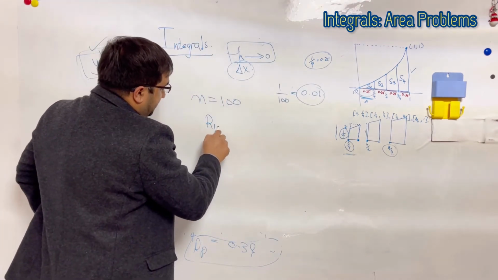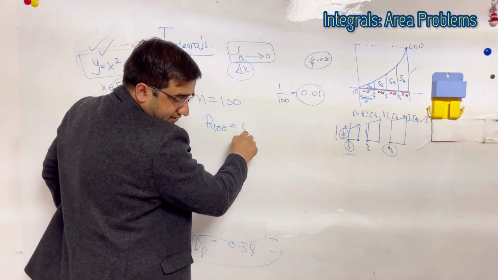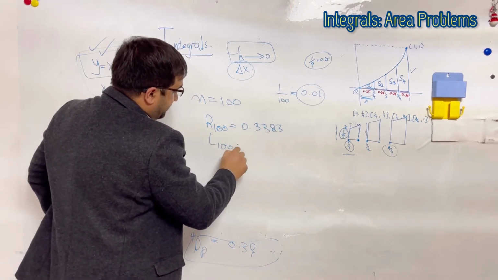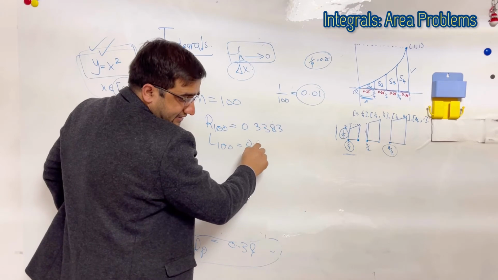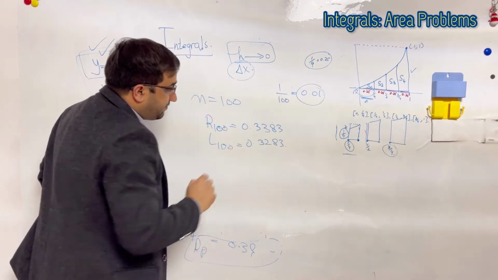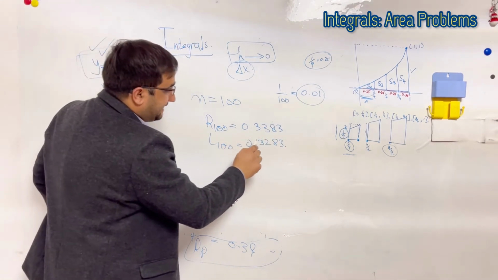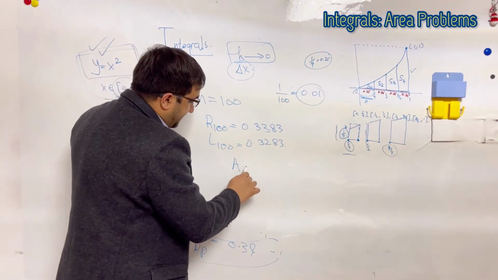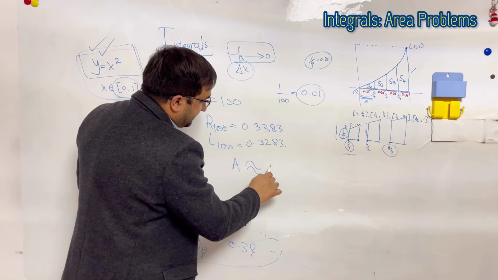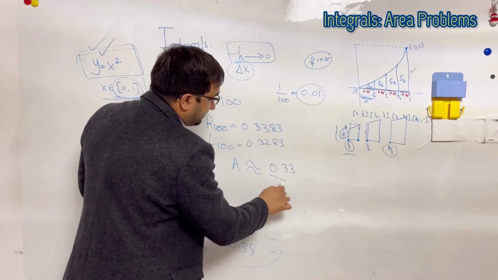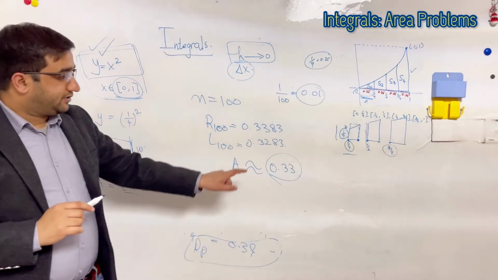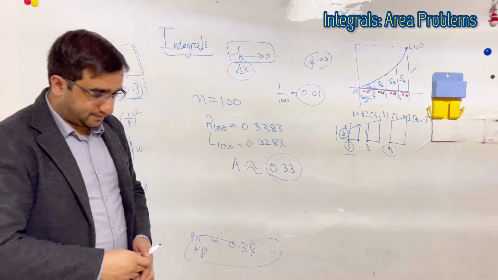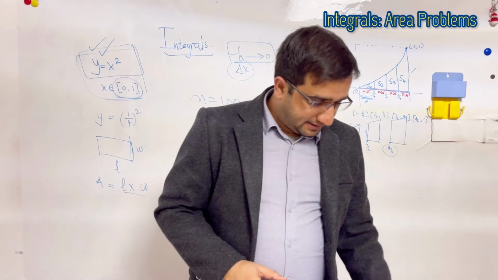The right hand value is 0.3383, the left hand value is 0.3283. So you can say the area will be approximately 0.33. They are coming closer. When you take 1000, it comes even closer.